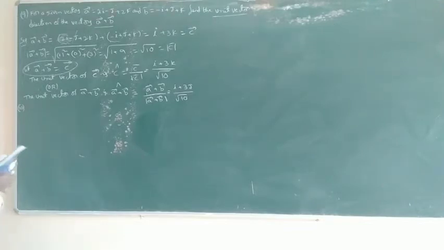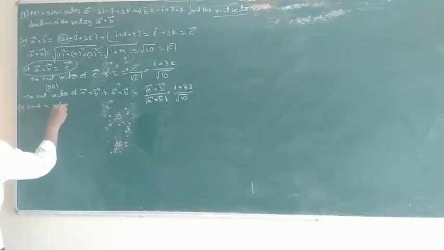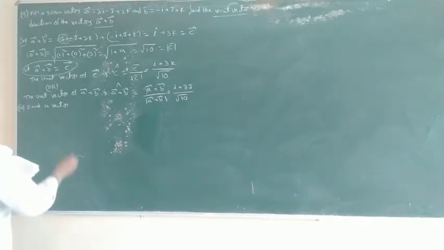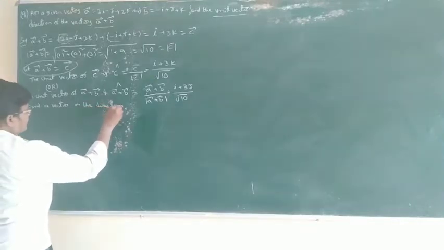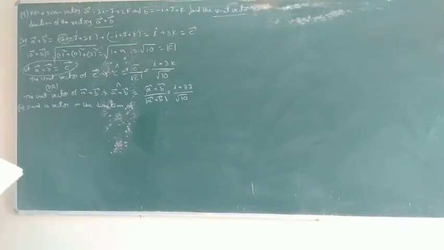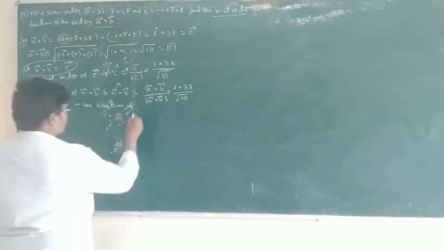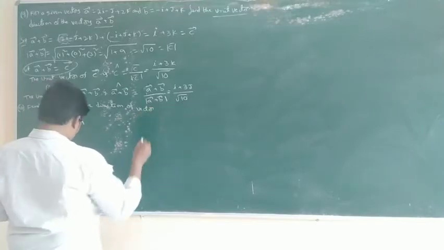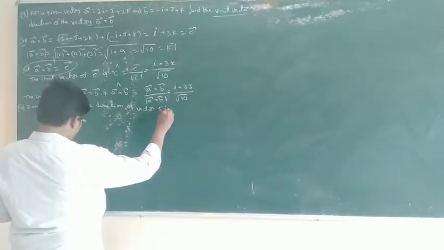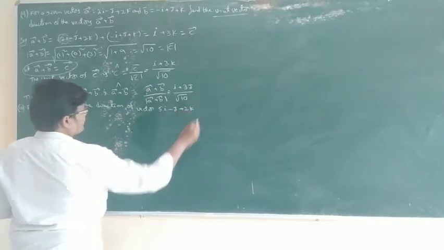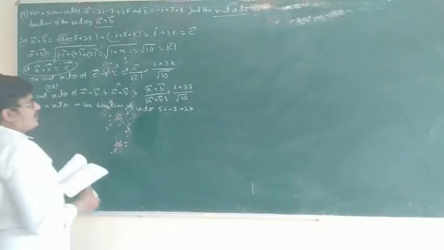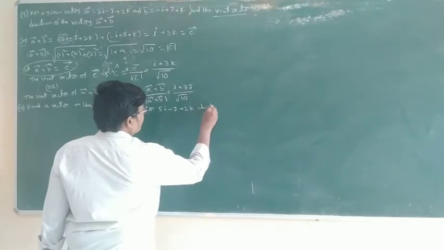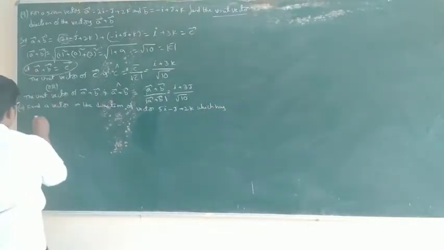Find a vector in the direction of the vector 5i minus j plus 2k, which has magnitude 8 units.